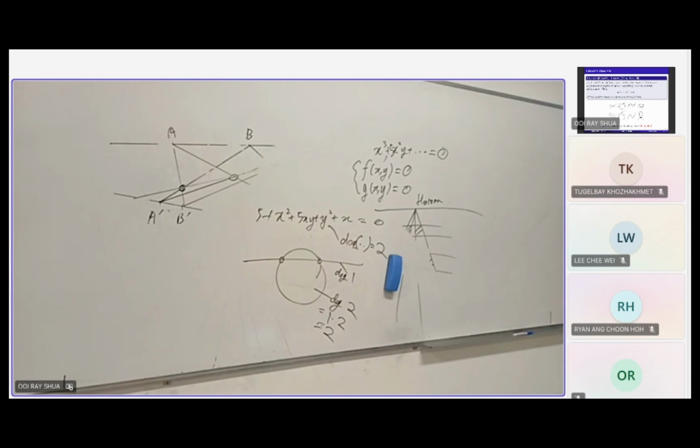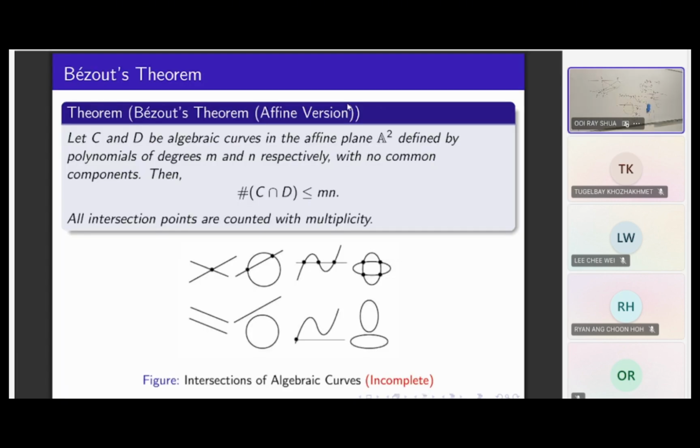But of course, there are also the obvious problems. We can obviously separate them far away, making the ellipses have no intersection at all. But that's the problem with the usual picture of this. I always emphasize incomplete because we need to work over an algebraically closed field, which in this case is the complex numbers. In fact, if you work over the complex numbers, it's better, you get more solutions, but unfortunately it's still less than or equal.